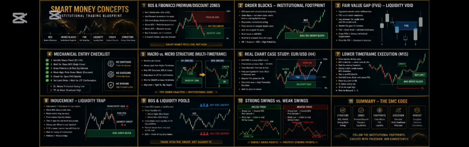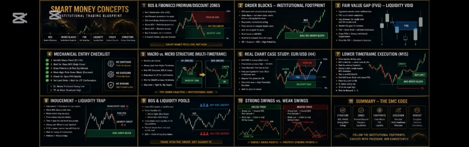Step 4, highlight the high probability order block resting inside your discount pricing zone. Step 5, verify if there is an open fair value gap resting nearby. Step 6, set a limit order or wait for lower time frame structure confirmation.